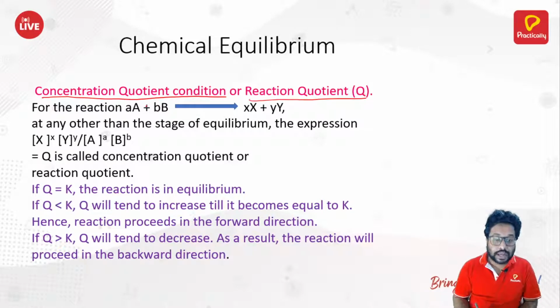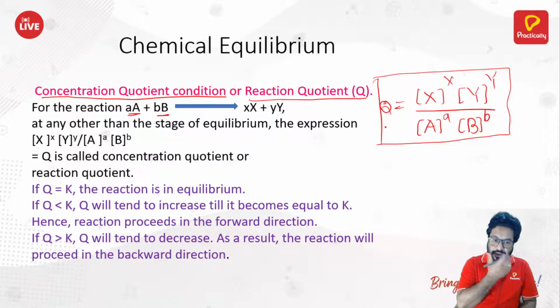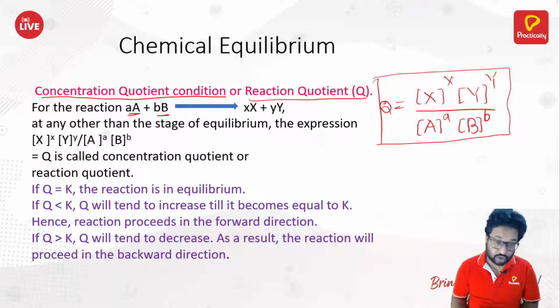See, for a reaction aA plus bB gives you xX plus yY, at any stage of the reaction, the expression Q is equal to [X] raised to x, [Y] raised to y, divided by [A] raised to a, [B] raised to b. That is what your Q is all about. So your Q is the concentration quotient or reaction quotient.